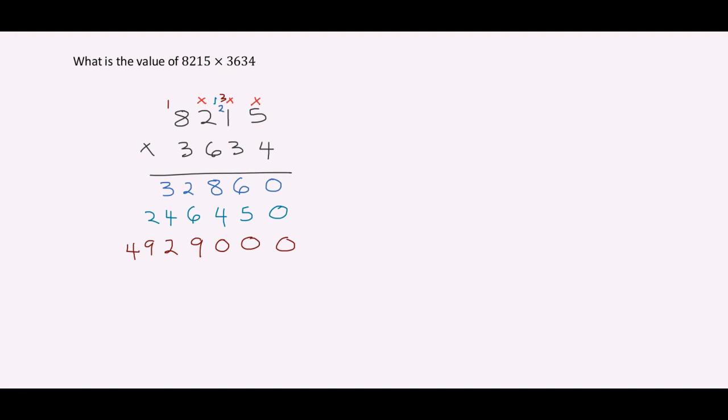Now we're moving over to the last column, which is the thousands column. And then we're going to have zeros in the ones position, tens position, hundreds position, and now we can multiply. 5 multiplied by 3, we have 15, so we have 5 here and we bring 1 up here. 1 multiplied by 3, we have 3 plus 1, we have 4. 2 multiplied by 3, we have 6.